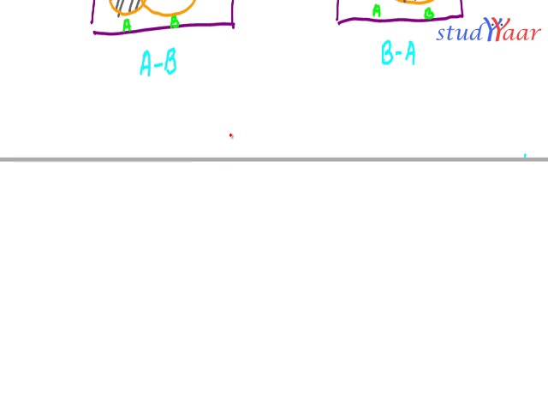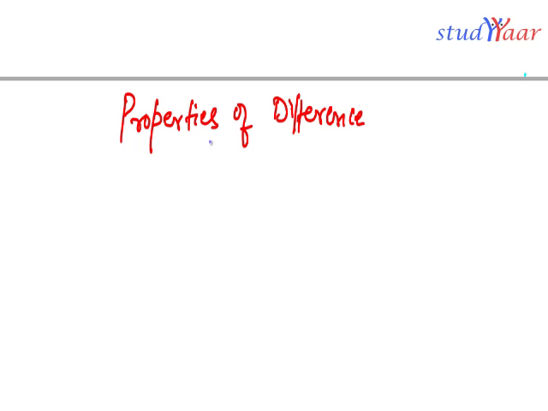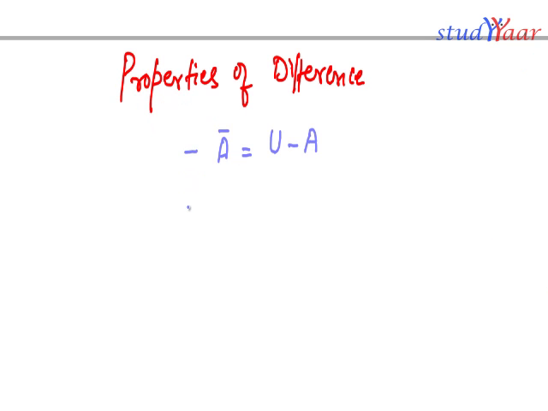Now let's look at some properties of the set difference operator. The properties are: the complement of A is equal to the universal set minus A, or the difference of the universal set and A. The next property is the difference of A and A is equal to the null set.